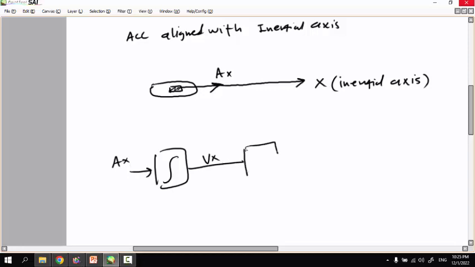If we make another integration with respect to time, we'll get the position along the x inertial axis, px. This is the position, and this is the velocity. The integration is from minus infinity to some time t, and again from minus infinity to some time t.